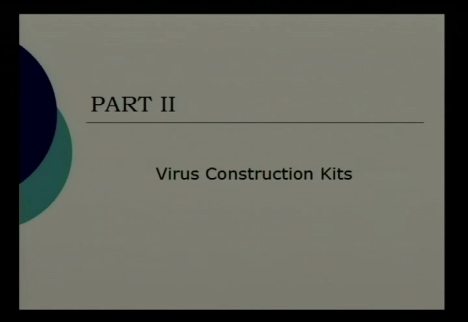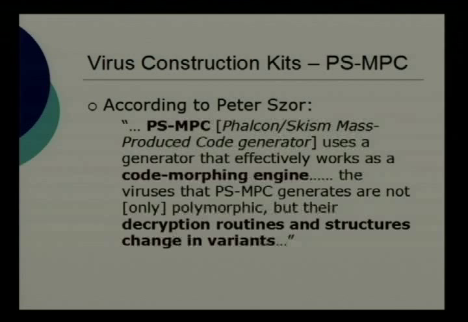So we are interested in looking at how effective these generators are in terms of doing metamorphism, or producing metamorphic code viruses. We look at the literature and find out some that are highly discussed or have some good comments. The first one is the PSMPC, and according to a virus research book, it works as a code morphing engine, and the viruses it produces have decryption routines and structures that change in variants.